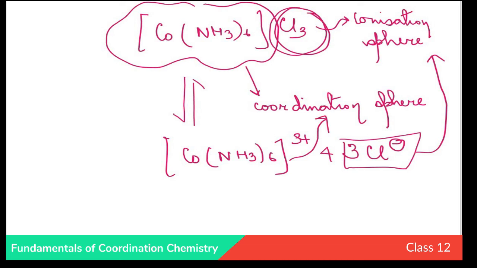So this is basically the basic concepts of coordination chemistry, on the basis of which the entire topic will be taught. But first things first, if this part is not clear, then the parts which come after all of this will not be easy.